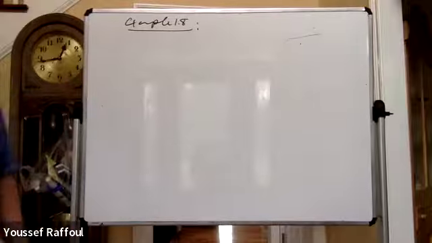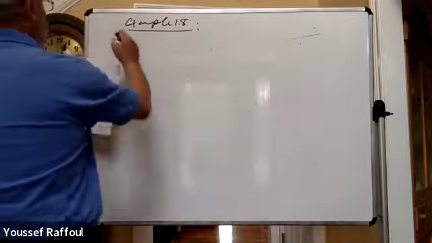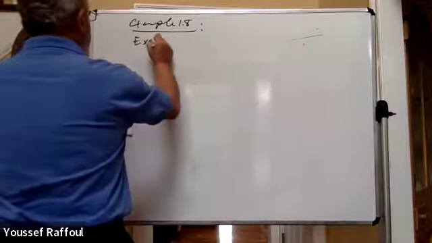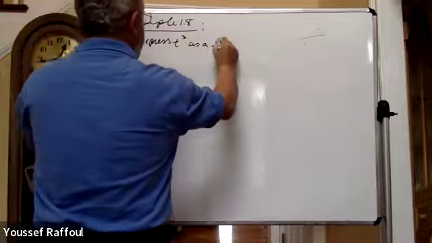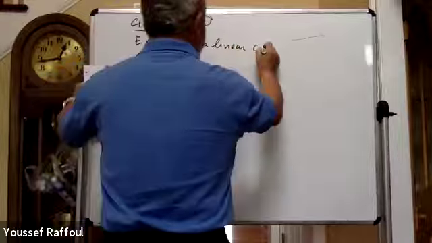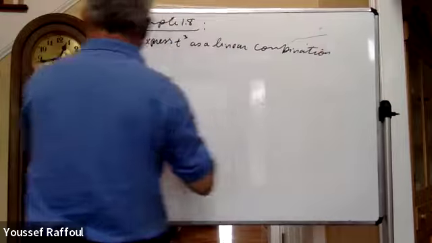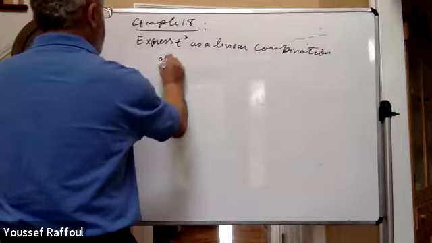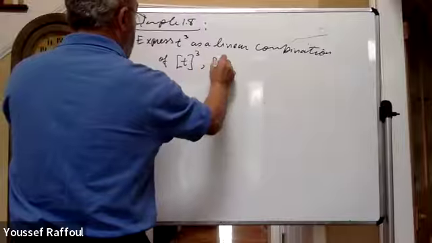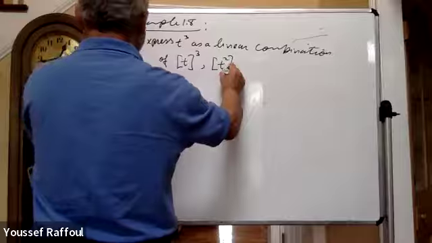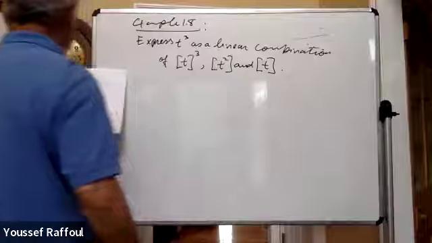Okay. So this one says, express t cubed as a linear combination of t cubed, t squared, and t. Okay.